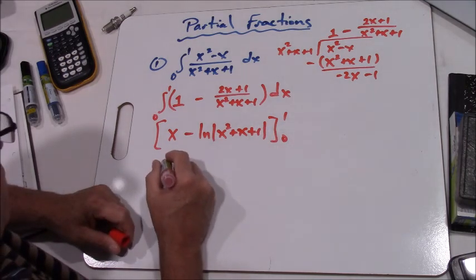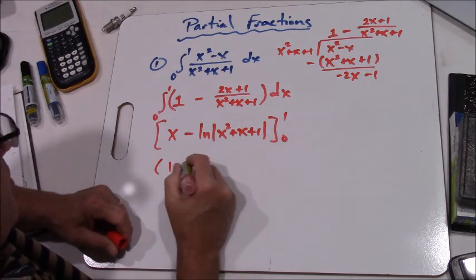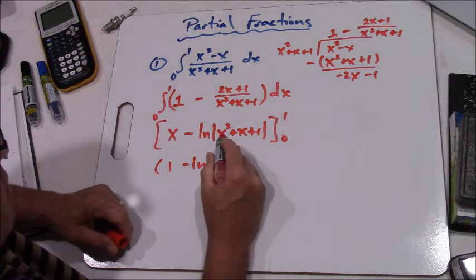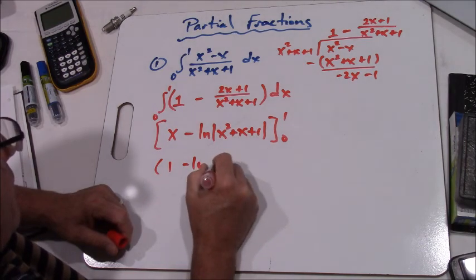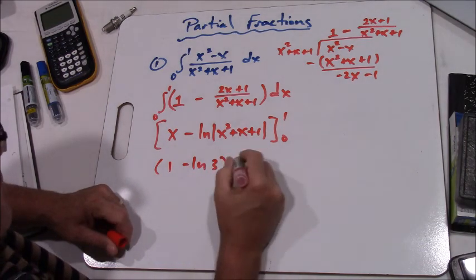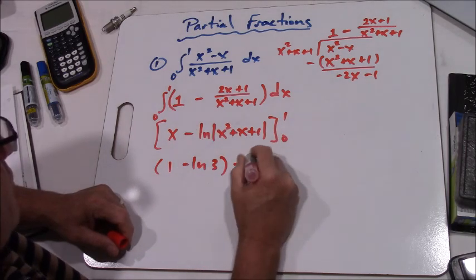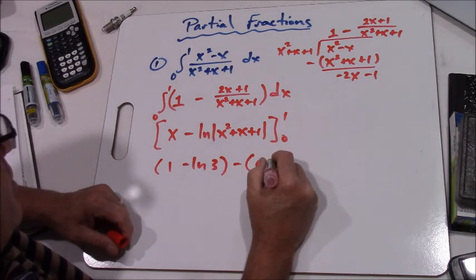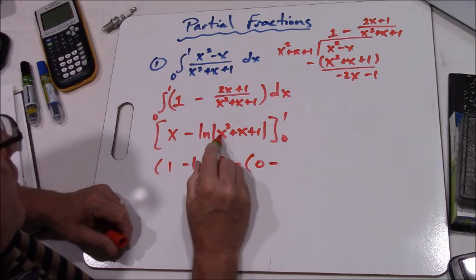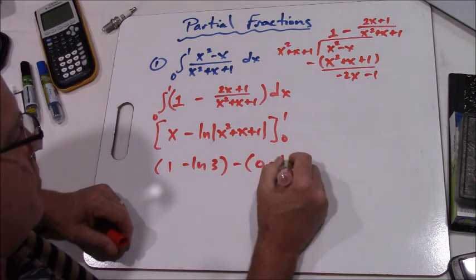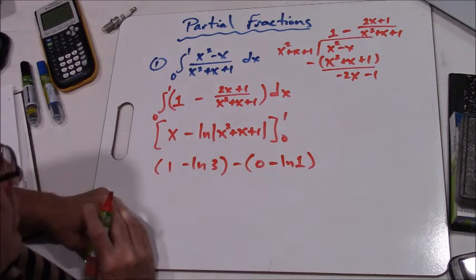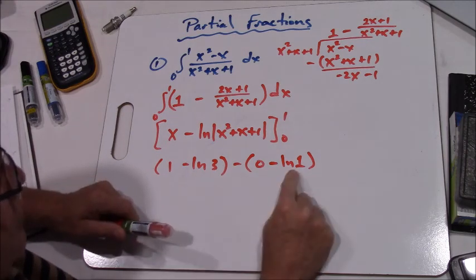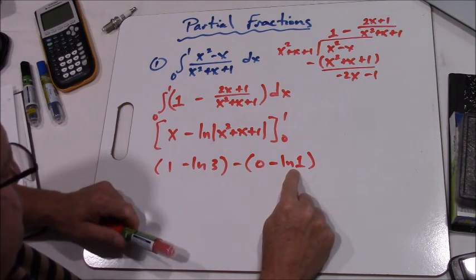Alright, so I plug in a 1, I get 1 minus the natural log of 1 plus 1 plus 1. That's 3. Minus what you get when you plug in a 0, which would be 0 minus natural log of 0 squared plus 0 plus 1. So natural log of 1. And the natural log of 1 is 0.